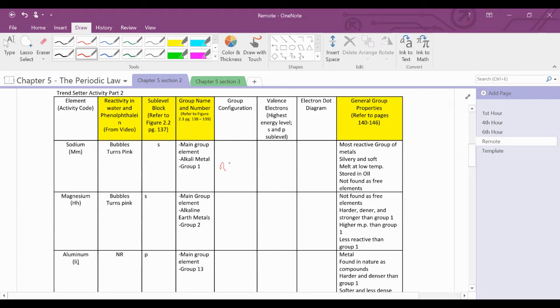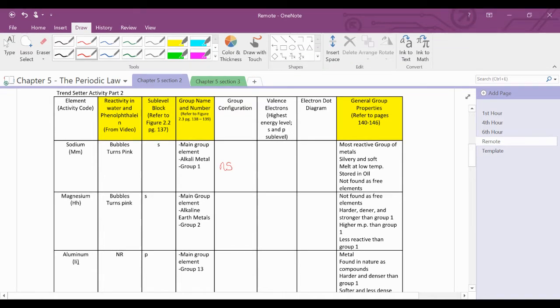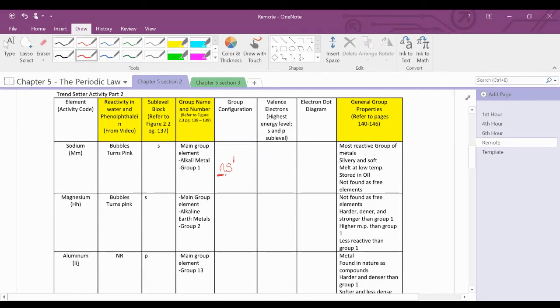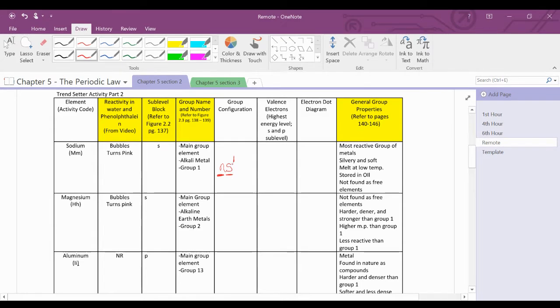But all the elements in group 1 have electrons in sublevel S, and they have 1 electron in sublevel S. And so for valence electrons, it would be the highest energy level. So that would be N. It would be the sublevel S and P for that energy level. And sodium's an S block element, so there's only S. And it's how many electrons are in that S. And there's 1.